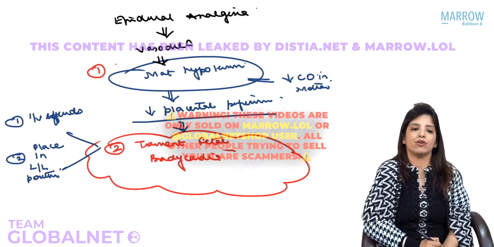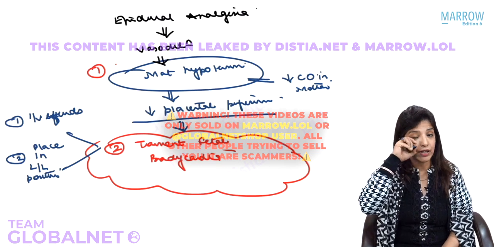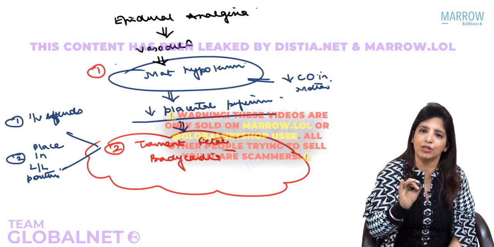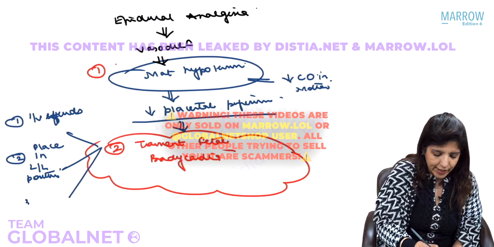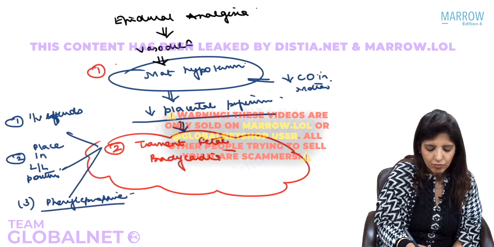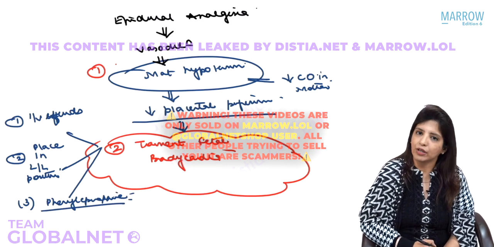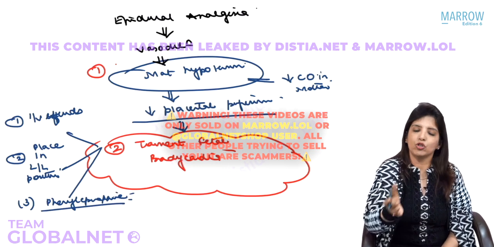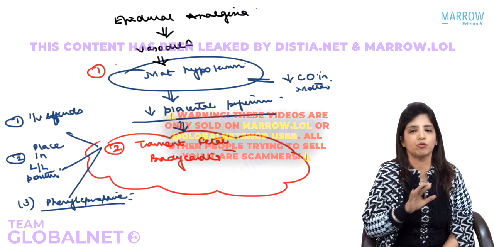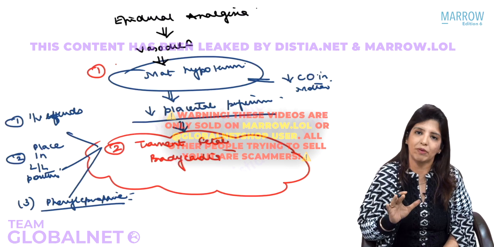Most of the times this bradycardia is going to get relieved. If it is not getting relieved, then you may also have to give phenylephrine injection. Right? But most of the times when you tilt the patient in left lateral position and give IV fluids, this bradycardia will be relieved automatically.